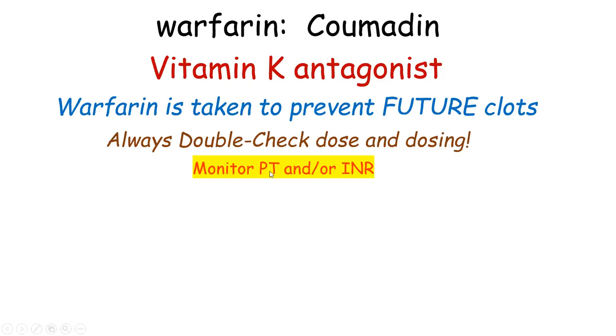With Coumadin, you monitor prothrombin time and the INR, which is the international normalized ratio, and that just standardizes prothrombin to what's considered a standard score. What interacts with Coumadin? Green leafy vegetables. Why? Because they're rich in vitamin K. Think of what's rich in vitamin K: kale, K-A-L-E.